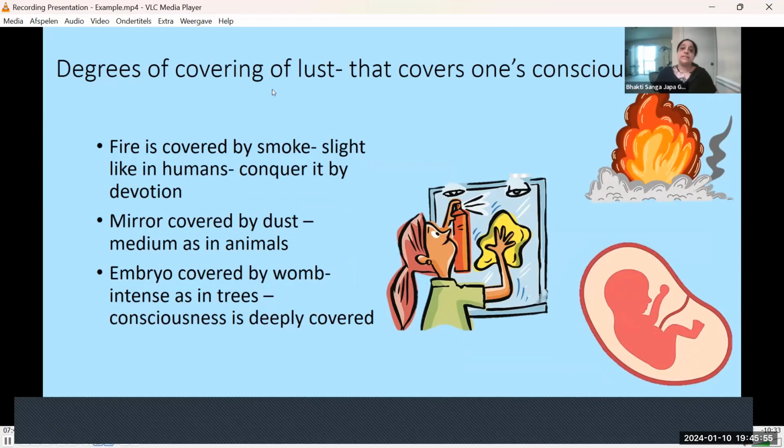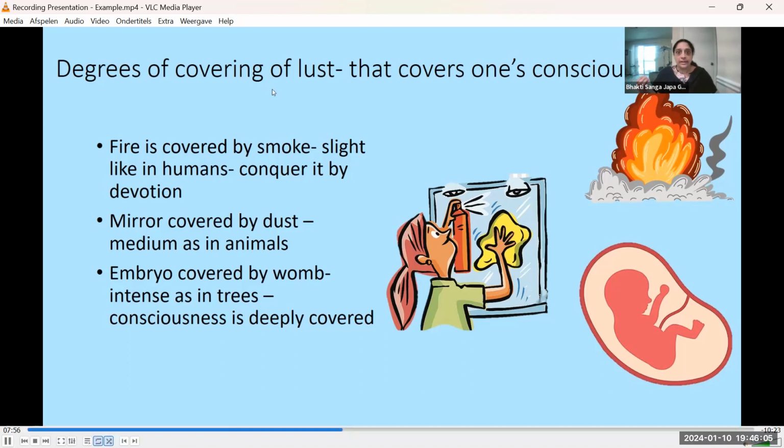You might have seen in forest fires a lot of smoke, but beneath that smoke there is still fire lingering. It just requires a little bit of kindling and that fire can restart. So fire covered by smoke is a slight covering.